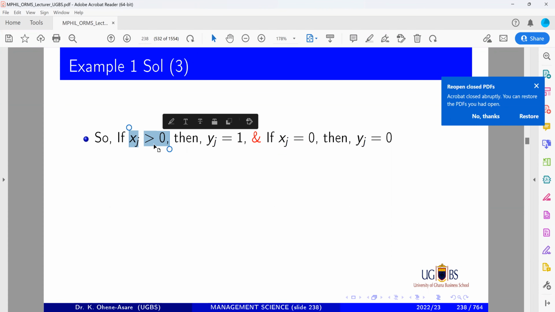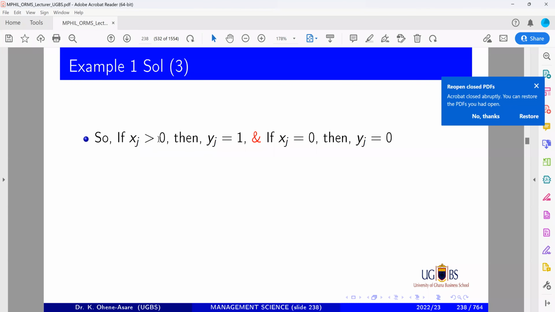So if Xj is positive, what it means is that if I'm going to produce shirts, then Yj must be there. And I said that some few minutes ago. Yj must be there. So if Yj is 1, if I am actually getting a shirt machinery, then I will use it to produce. Then Xj must be positive.